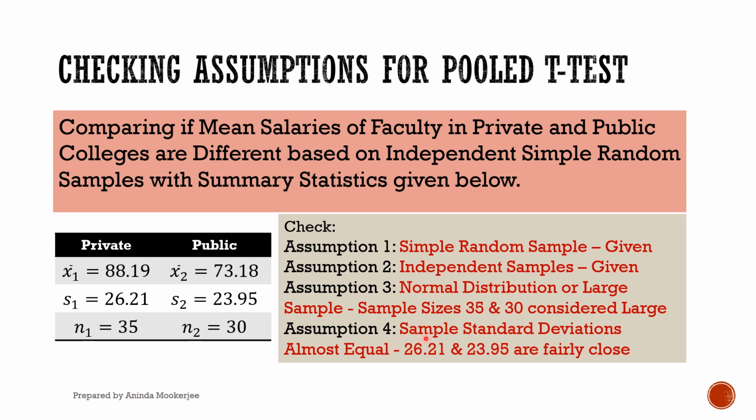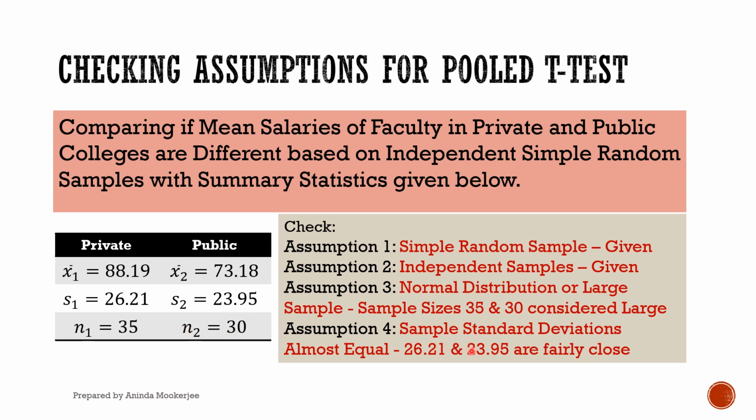Assumption 4 is whether the sample standard deviations are almost equal or not. 26.21 is the standard deviation for private colleges, and s sub 2, 23.95, is the standard deviation for public colleges, and they are almost the same. Now, what is the rule of thumb to determine how close they are?